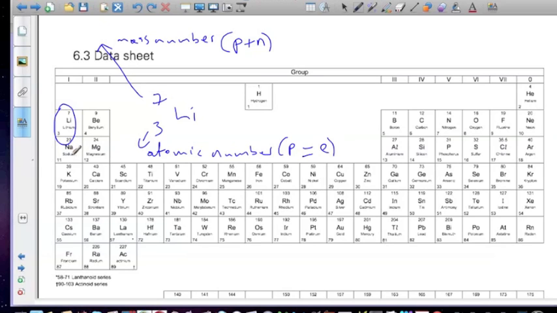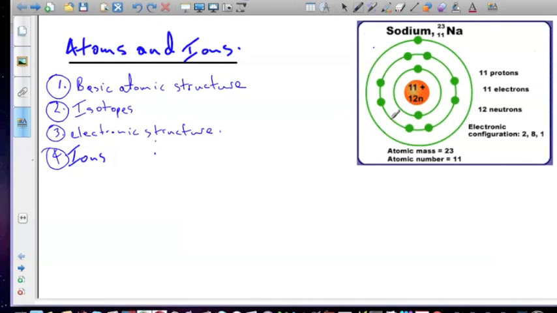For sodium, it's 23 and 11. We have a little diagram of sodium here. Because sodium is 23 and 11, it has 11 protons, 11 electrons, and 12 neutrons. We'll come to the electron configuration in a minute.